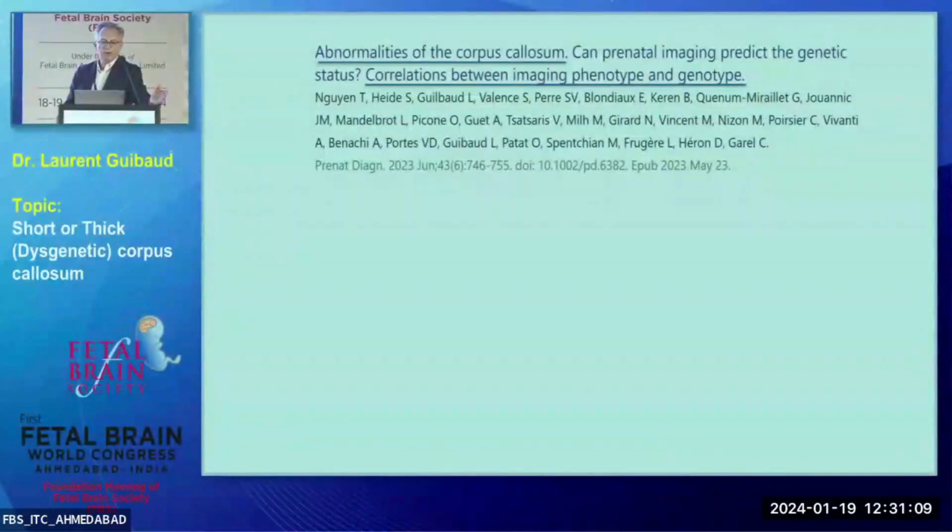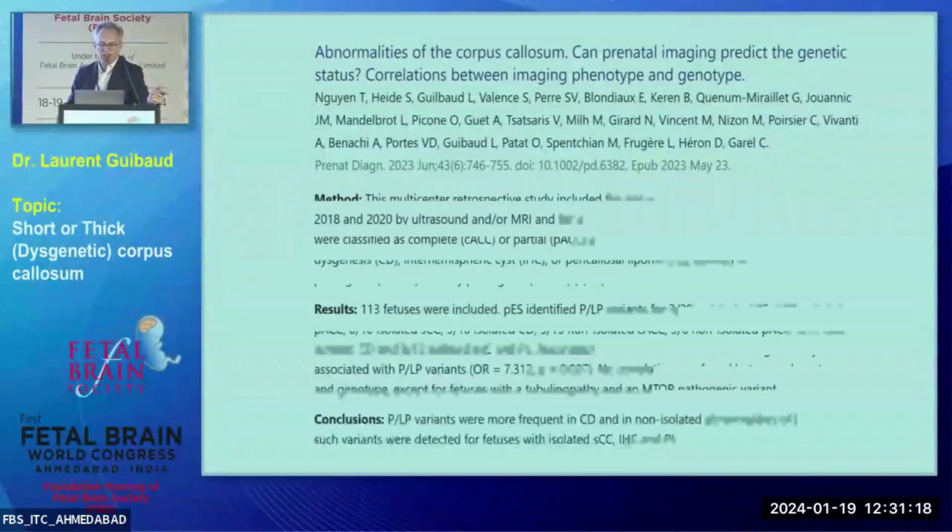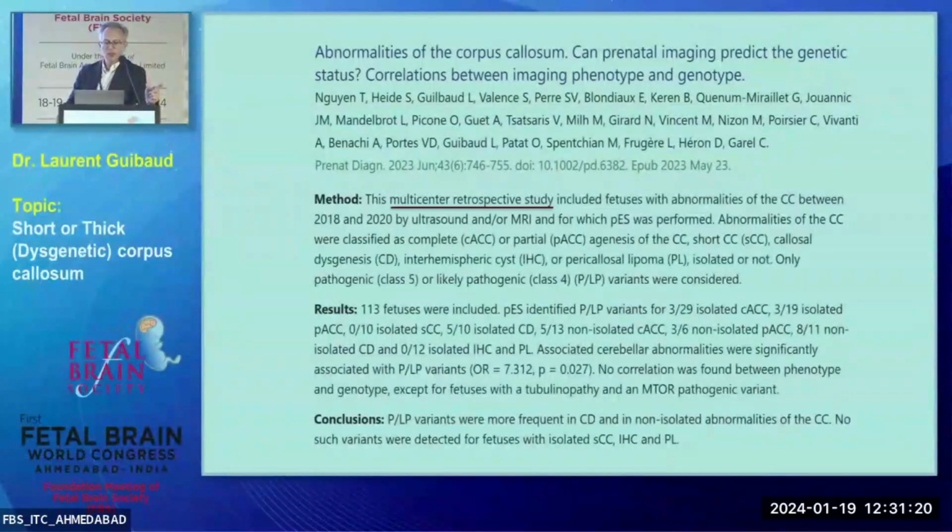Which type of corpus callosum anomalies do you have, and is there some correlation between imaging and genotypes? This is a multi-centric retrospective study by the team of Catherine Guérel and Delphine Héron. And you see that we have complete and partial agenesis, short corpus callosum, agenesis, dysgenesis, and mechanical dysgenesis.